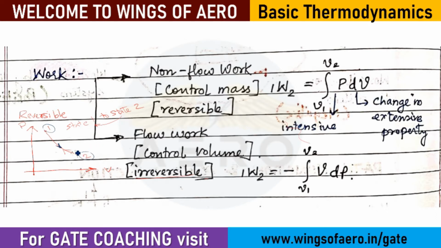It may take some other path, let's consider 1 dash, that means some other state. It is not going to follow the same path, and this is what happens with a real fluid, in a real process.